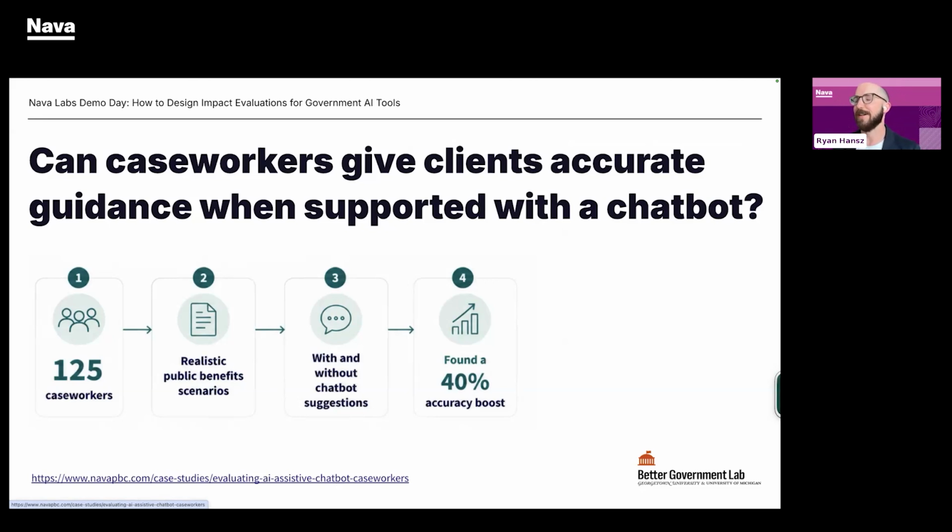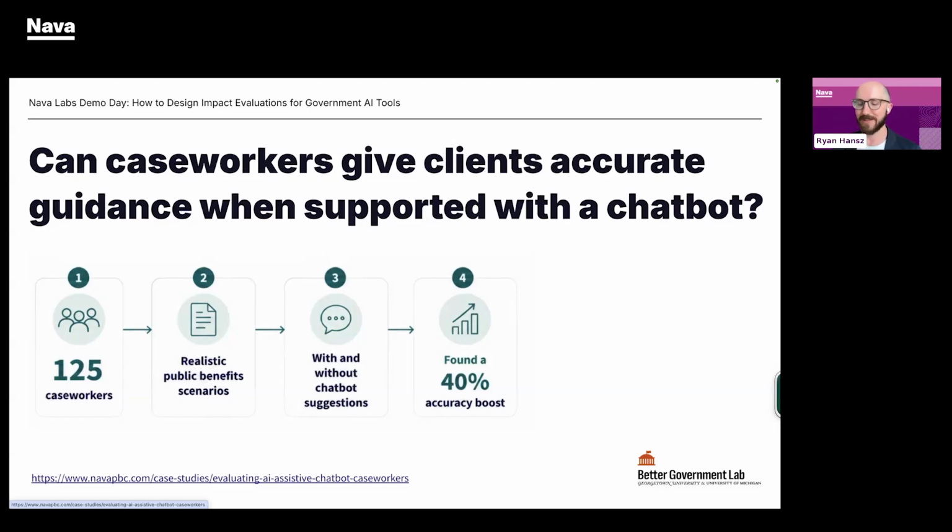But generally, Better Government Lab worked with us and our partners to recruit 125 caseworkers. They developed a set of realistic public benefit scenarios with that approach I was describing earlier of identifying kind of hotspot error topics in SNAP applications, where those topics caused a lot of issues.